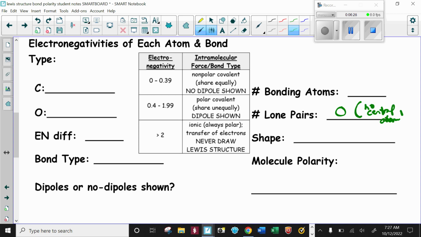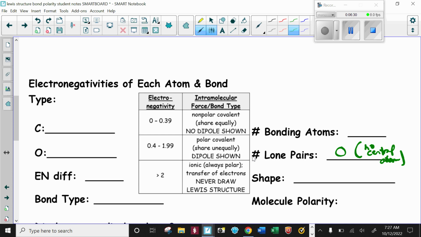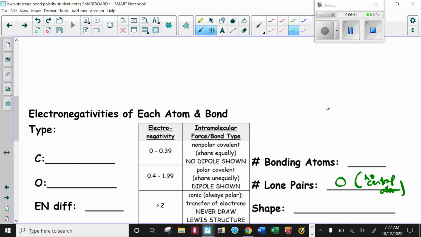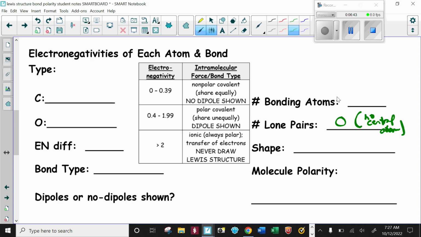Okay, so the fact that you have dots here, you have dots here, but we're not calling those lone pairs because there's no central atom. Remember, lone pairs only matter on the central atom. There are no central atoms here. So really, we have 0 lone pairs. Really, we have 0 bonding atoms because we don't have anything in the middle. So our shape is just linear.